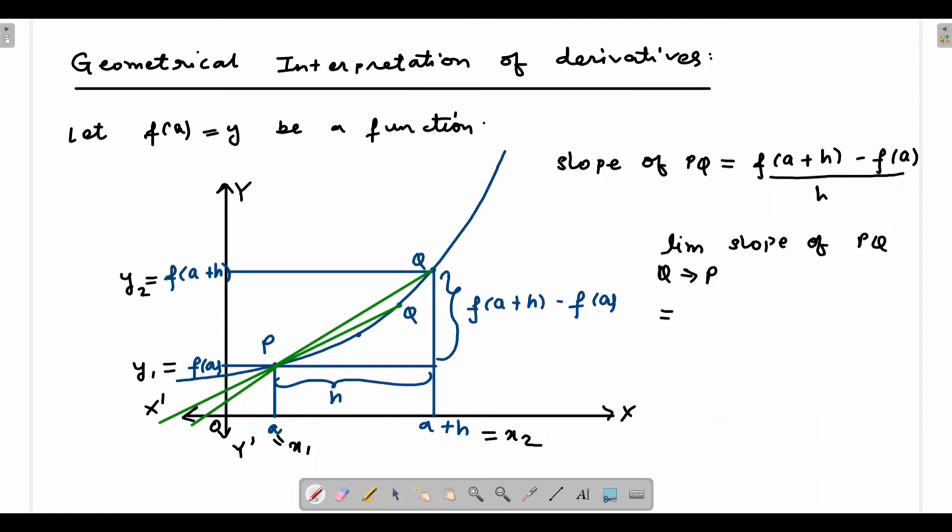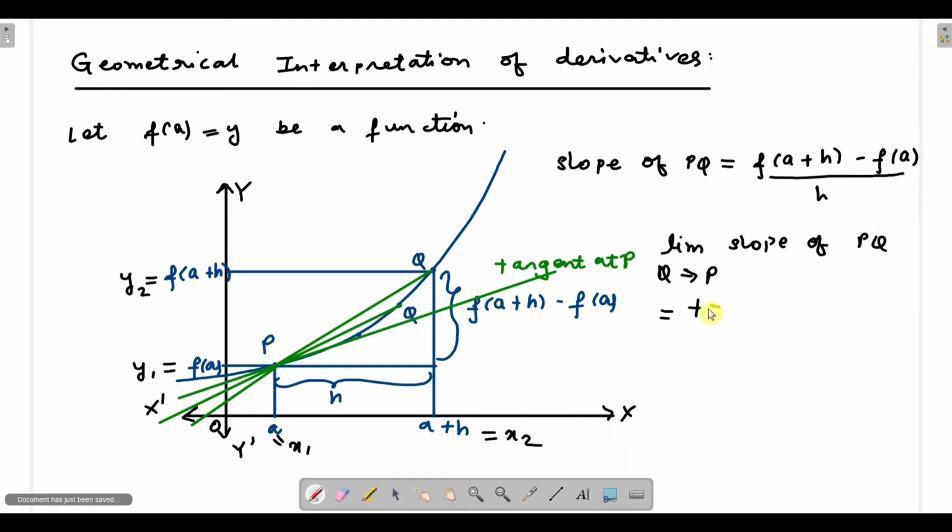So a point will come where you will get a tangent, right? You can see that point Q is approaching P, so you will get what? A tangent at P like this. Okay, so this is nothing but the tangent at P here, right?